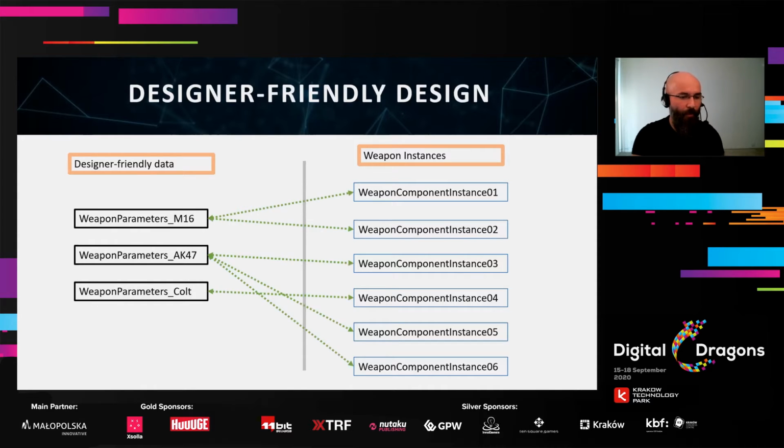And also we can have potentially multiple runtime instances of logically the same weapon, so we can reuse the same set of parameters, for example, one weapon in different instances. So we are just linking from the runtime class to that set of parameters, which is the same for all instances.